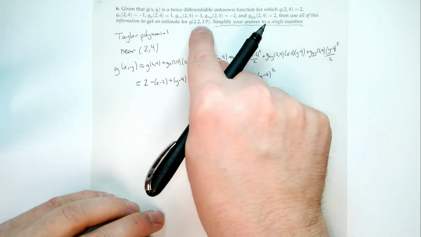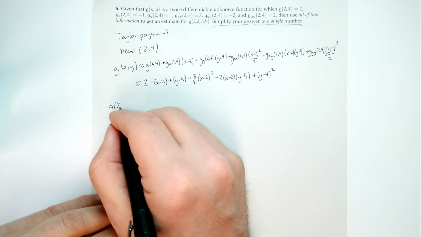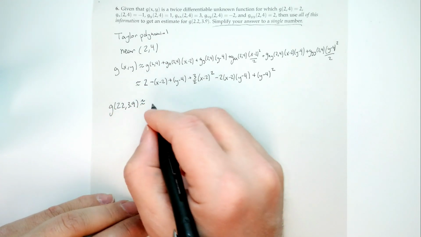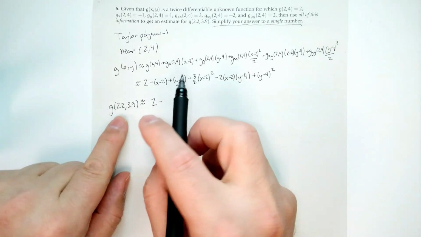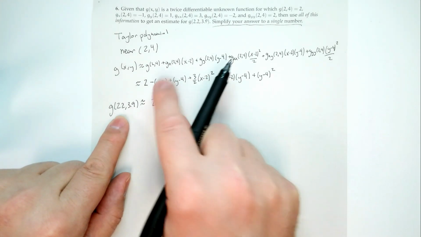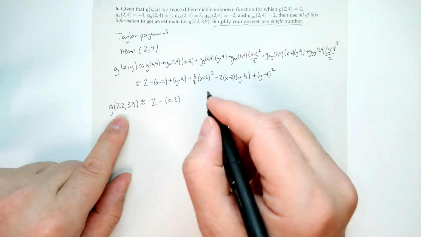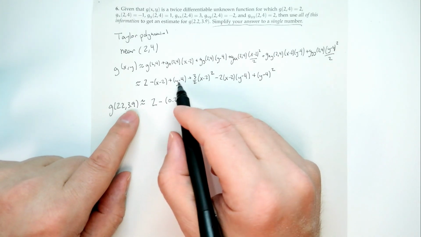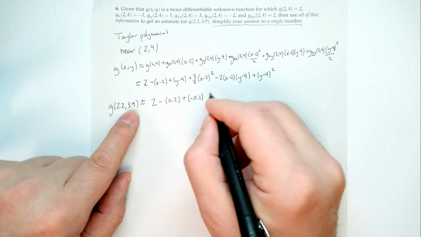Now we're going to use that (x, y). So g of (2.2, 3.9) is approximately 2. Now 2.2 minus 2 is 0.2. 3.9 minus 4. Well, 3.9 is smaller than 4, so it's actually negative 0.1.